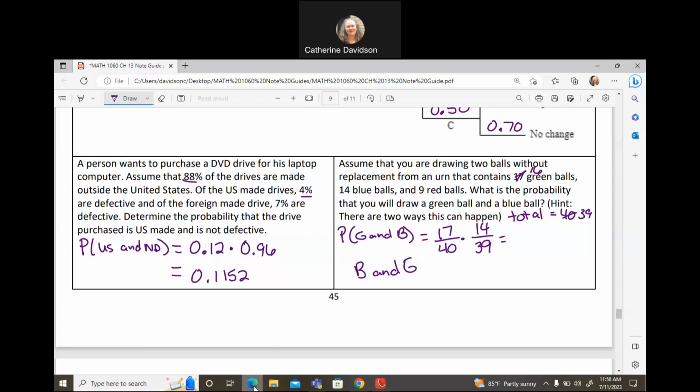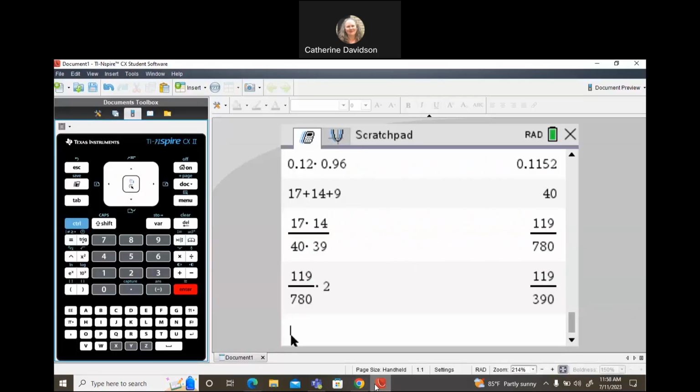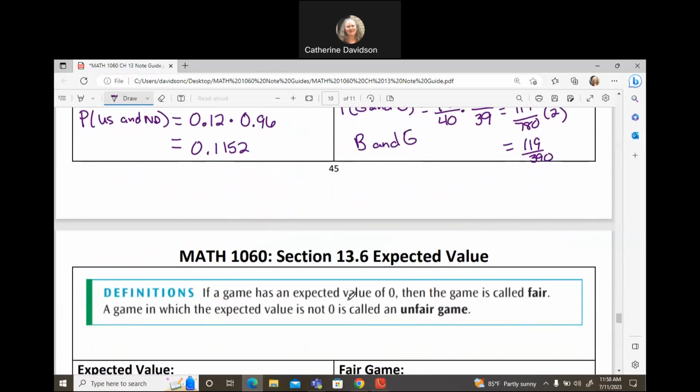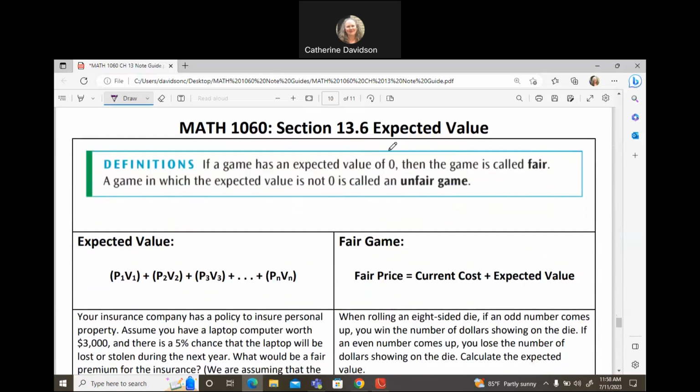That gives me 19 over 390. And that is it for section 13.5.